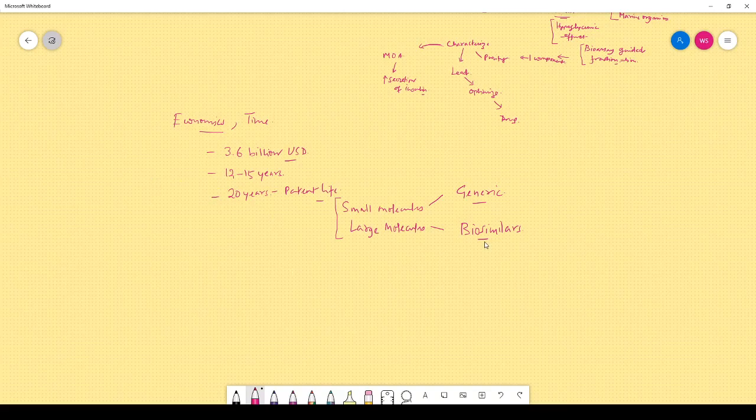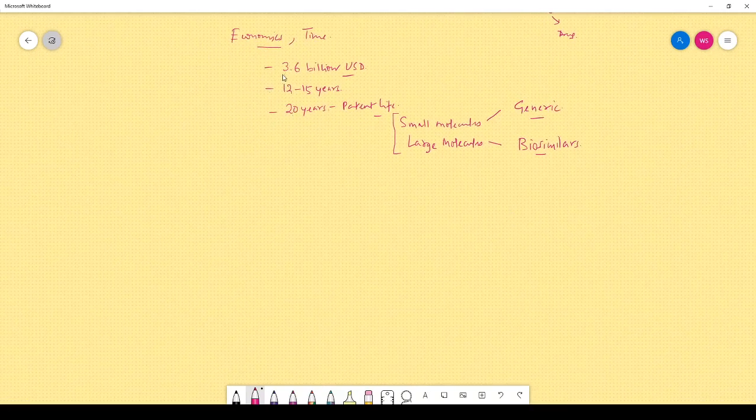So then the question is, why do companies involve themselves in drug discovery and development? Okay, why do they invest 3.6 billion US dollars over this many years? Because there is a very attractive return of investment.